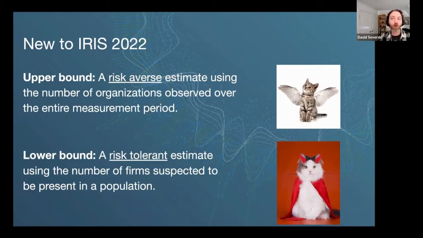Maybe you're carrying more insurance, or maybe you just need to move faster in your particular organization. Here we're looking at the total number of firms suspected to be present in the population, using information such as Dun & Bradstreet and others to figure out the probable size of a given sector or population. And between those two bounds, we get the upper bound and the lower bound.